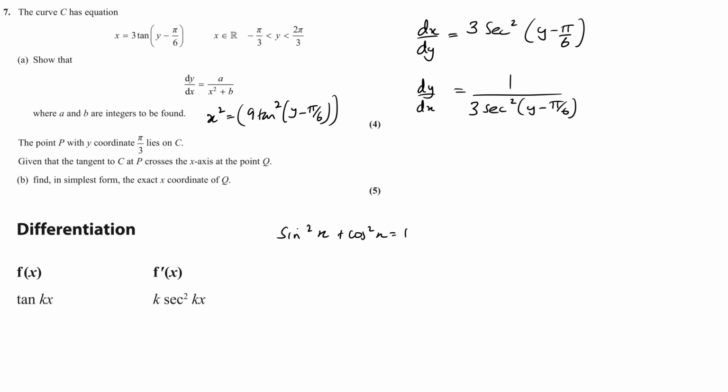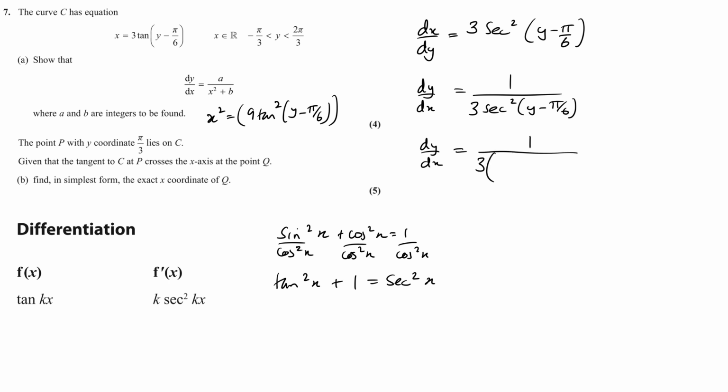If I divide through by cos squared, I get tan squared x plus 1 equals sec squared x. So that means that this can be replaced by 1 over 3 brackets tan squared of y minus pi by 6 plus 1, close brackets.